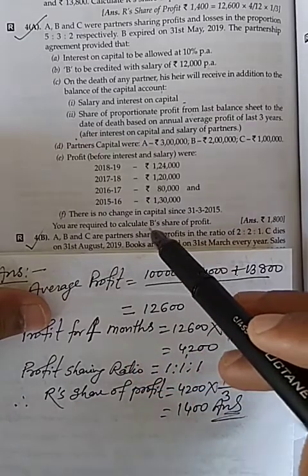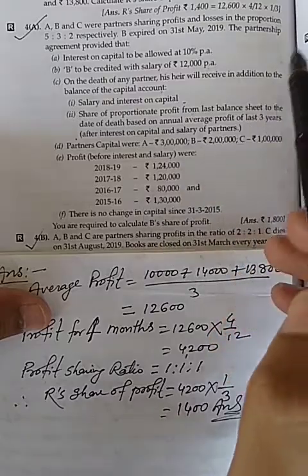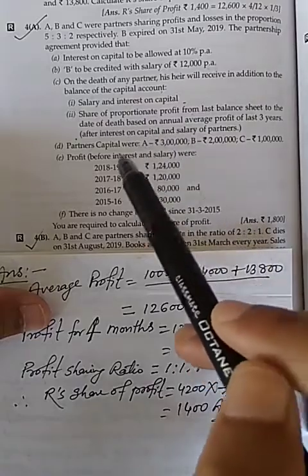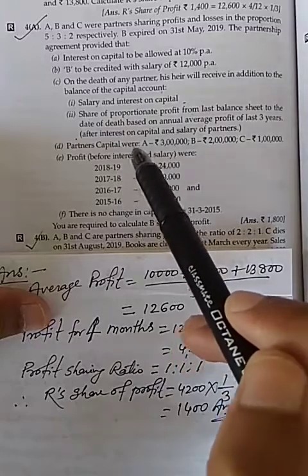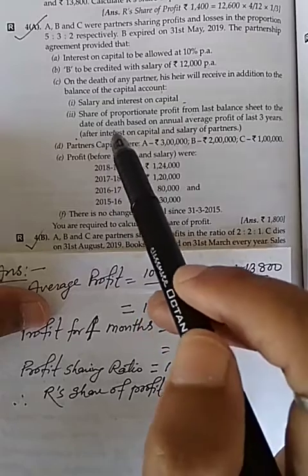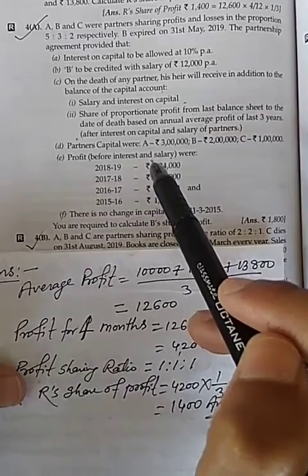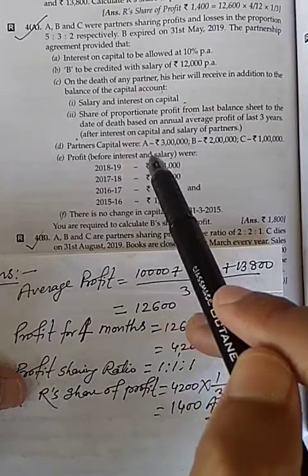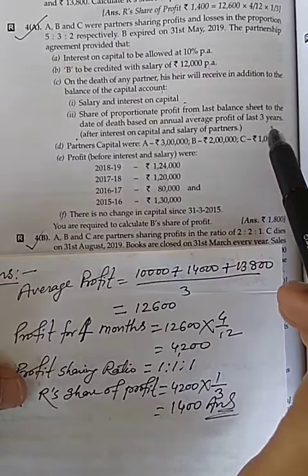You are required to calculate B's share of profit. So in this question, all the complex items have been included. First we will calculate average profit of 3 years, because the question says it will be based on average profit of the last 3 years.